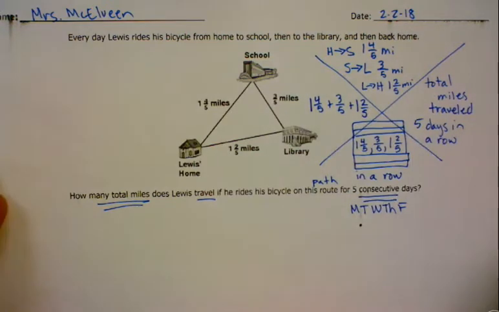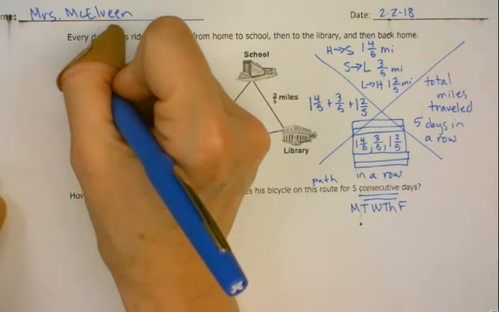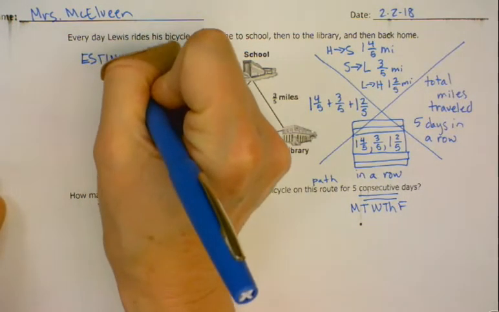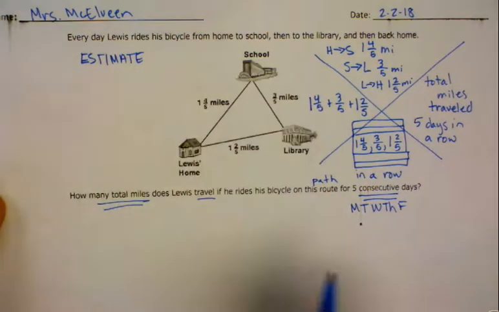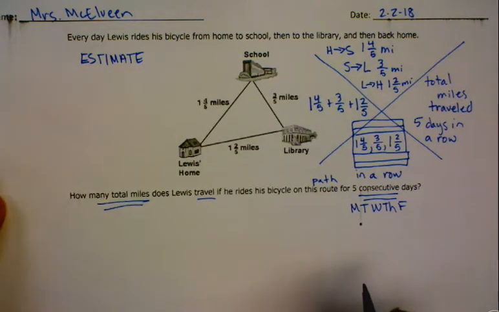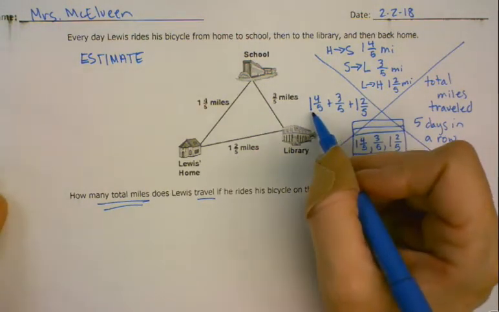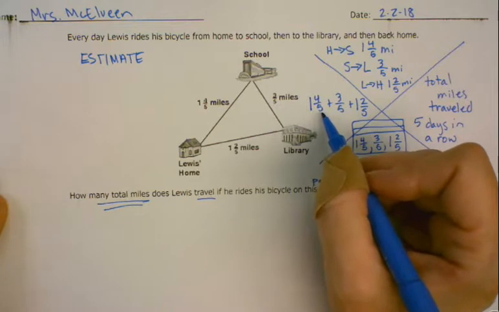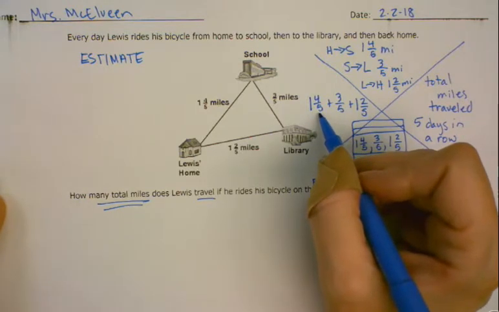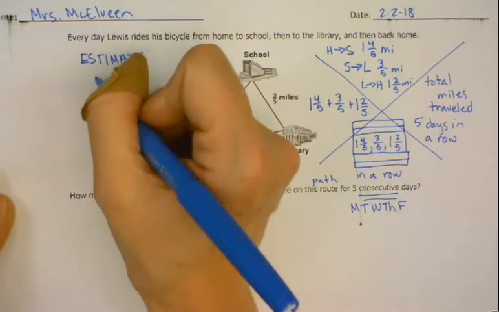And like before, I'm going to estimate. I noticed that not a lot of people estimated when they did work with their partners and by themselves last week. I hope they do today. 1 4/5, that's one whole. 4/5 is almost another whole because it's only 1/5 away from 5/5. I'm going to call that 2.